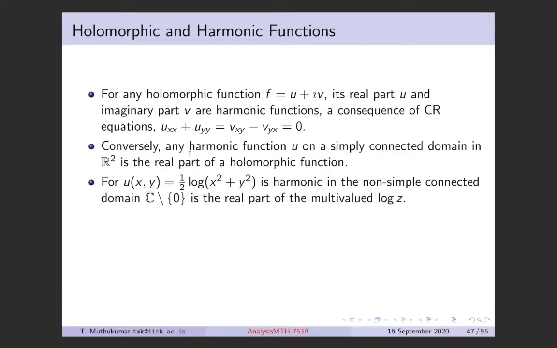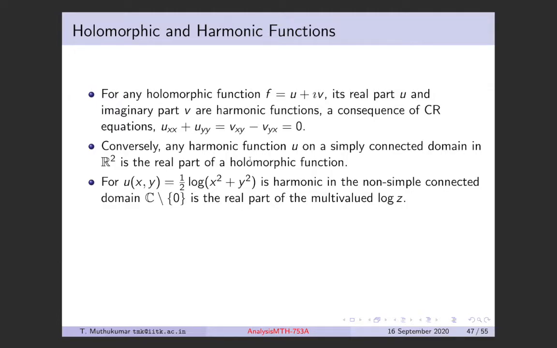So in that sense, any harmonic function is also the real or imaginary part of a holomorphic function, which means there is a kind of one-to-one correspondence between harmonic functions and holomorphic functions.